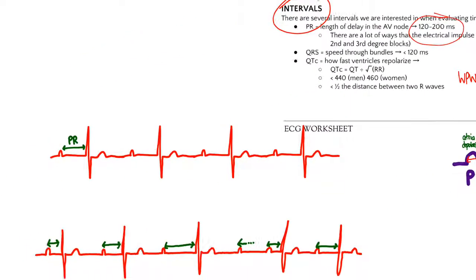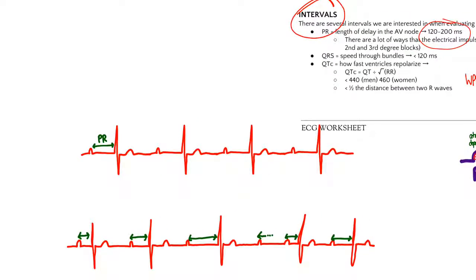Let's look over here at an example that I've drawn. So here is a waveform, and you can see that this is going to be the PR here. So it would be 1, 2, 3, 4, 5, 6, 7. There's no boxes here, but just pretend that was 7 times 40 milliseconds equals 280 milliseconds.